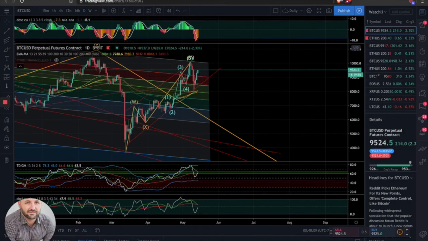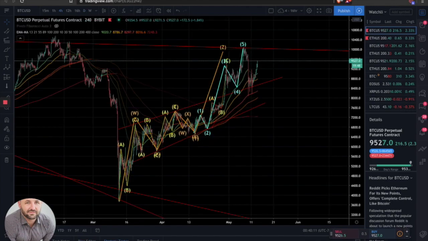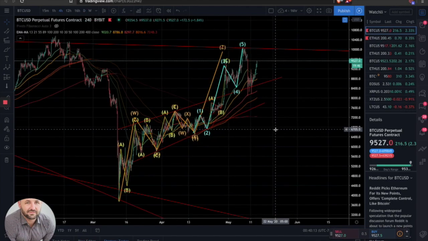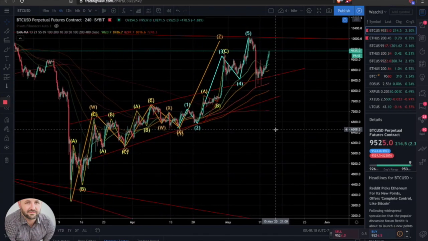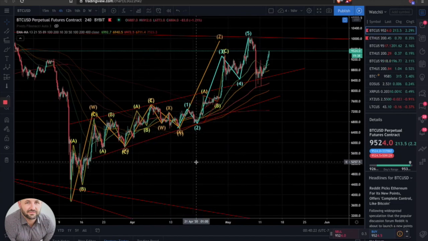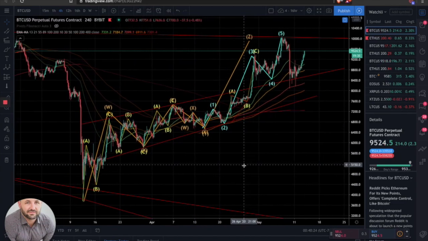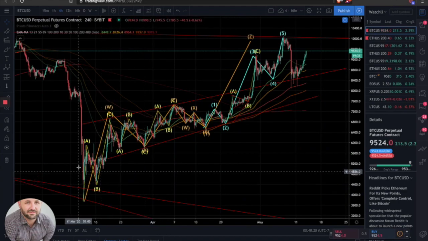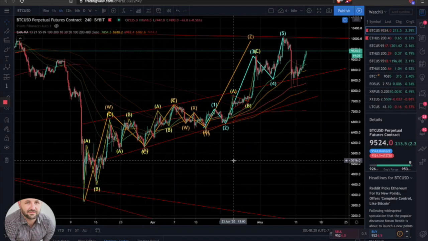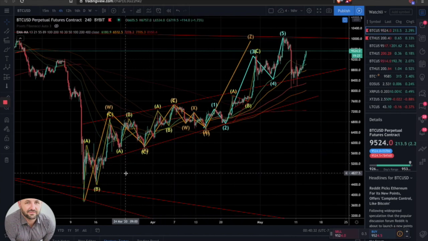Let's go ahead and dive into the 4 hour. So what we want to look at here on the 4 hour, and what I'm looking at for this to be a corrective structure, overall is this move up, and I've seen my videos before. Right here, it just depends on where we are gonna start this thing and count it.